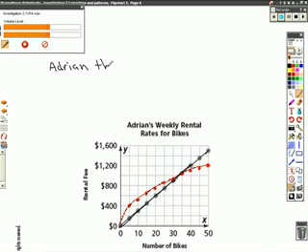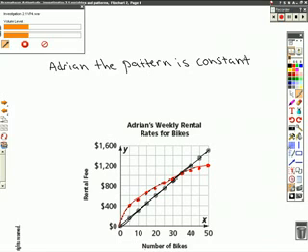For Adrian, the pattern is a constant rate of increase.